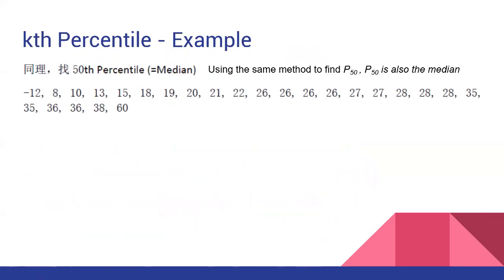I'll give you 5 minutes. Use the same method to find P50. P50 is also called the median because on each side of P50 there are 50% of all the data. The sample is the same. Please find P50 by yourself.